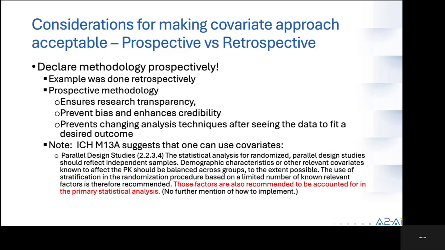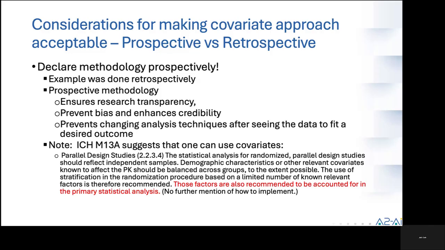If you declare what you're going to do prospectively, that ensures transparency, prevents bias, and enhances your credibility. And the big thing is it prevents a worry that you're just seeking an analytical technique to use the data to fit a desired outcome, where that outcome might be to show bioequivalence.